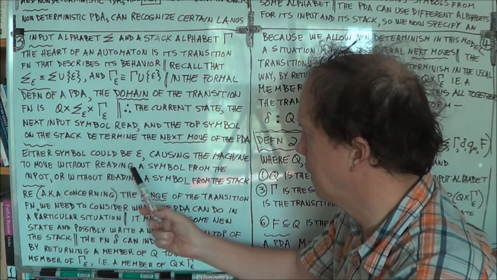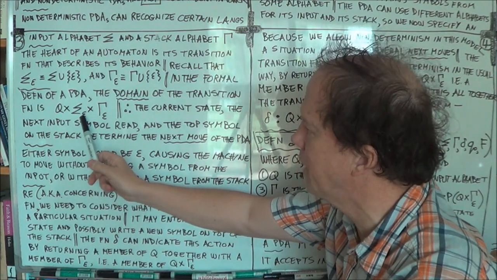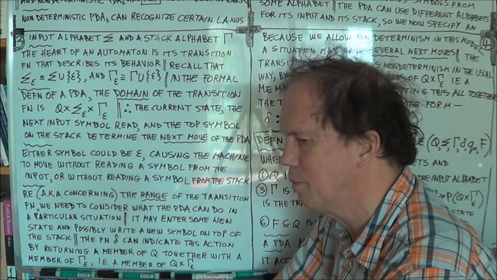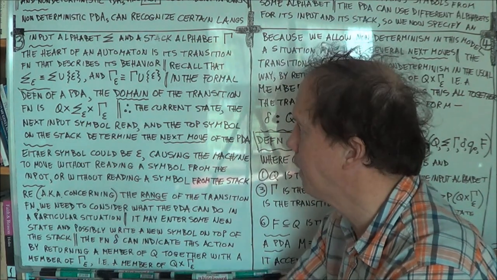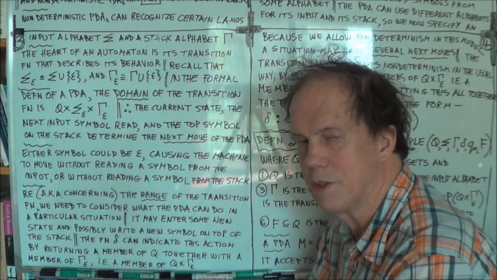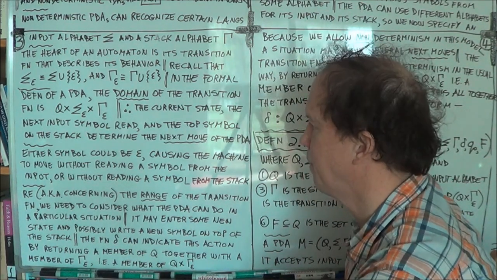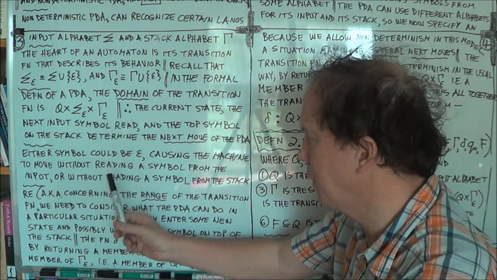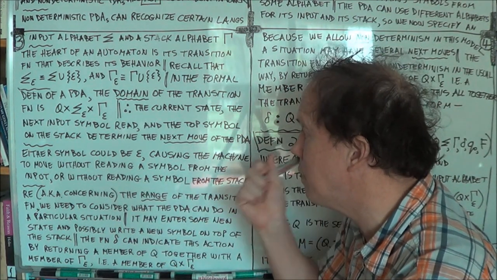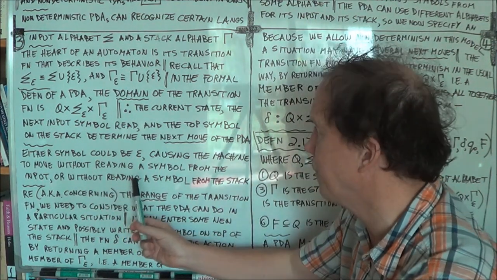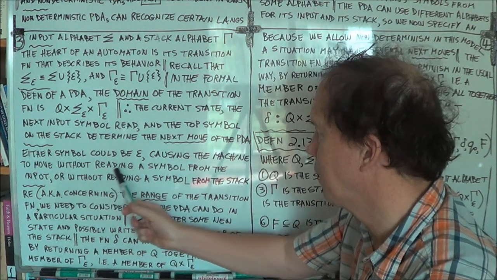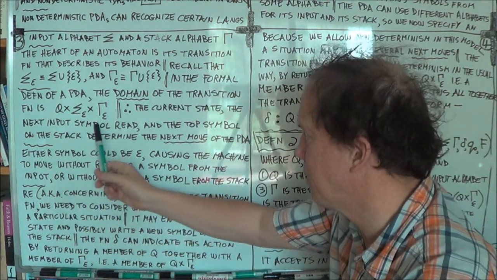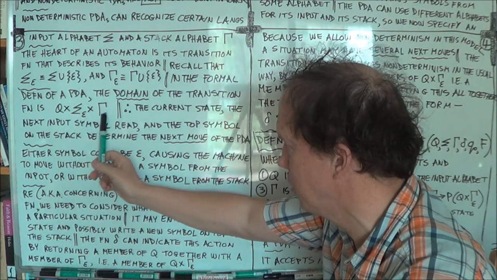Now, we're talking two symbols here. That's why we augmented them with the epsilon. The input symbol could be an epsilon, and what's on the stack could also be an epsilon. So you could have an epsilon here or here.